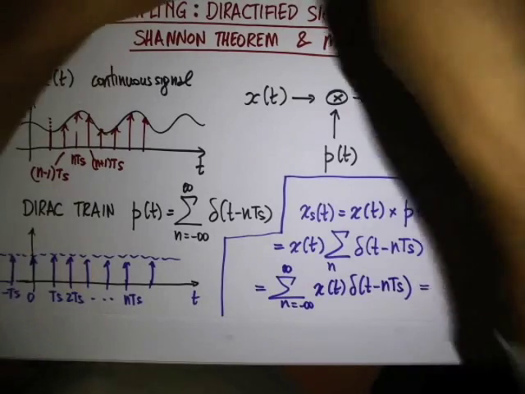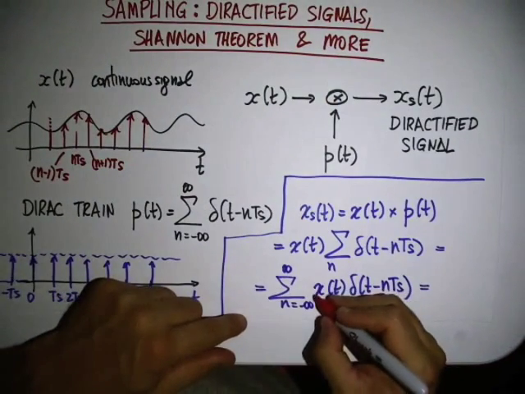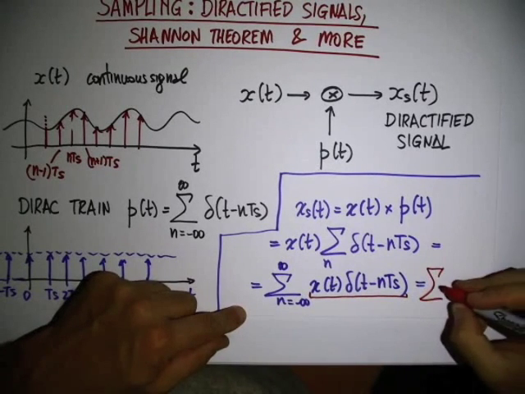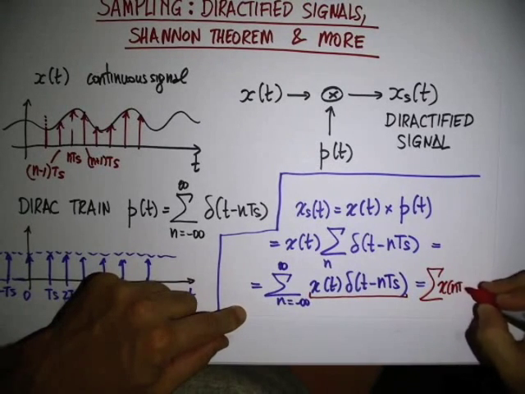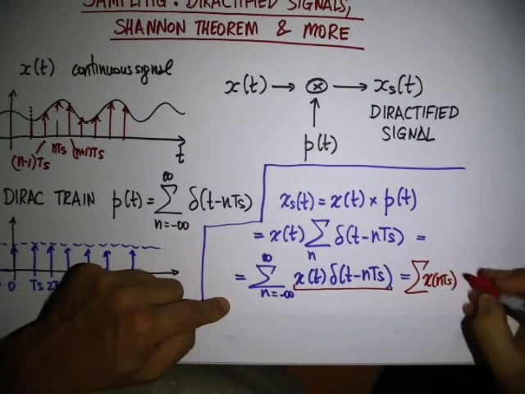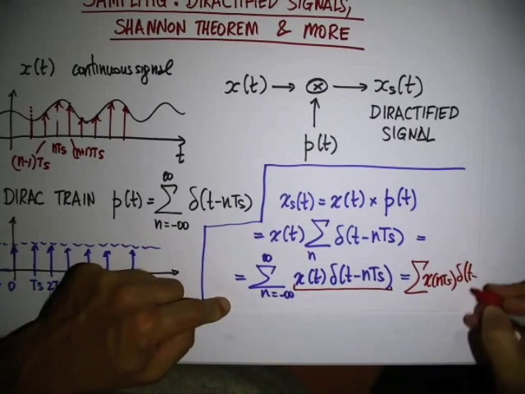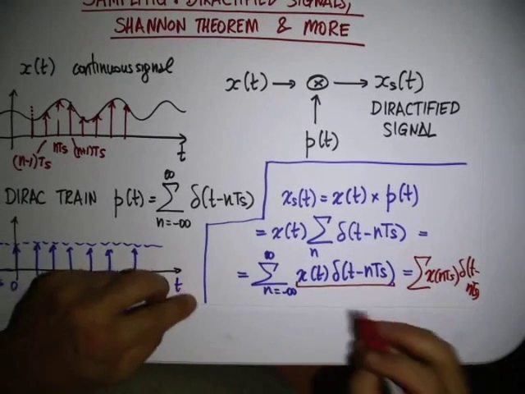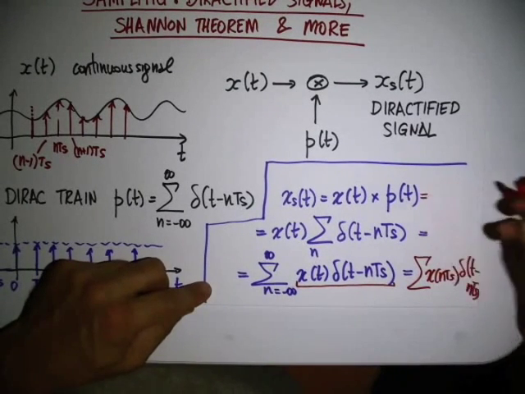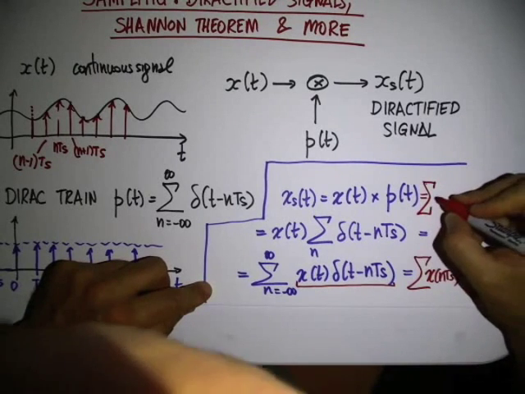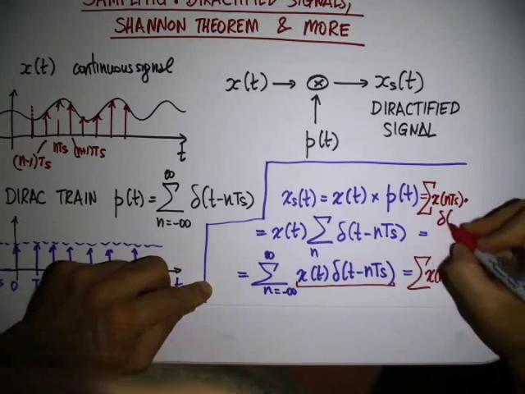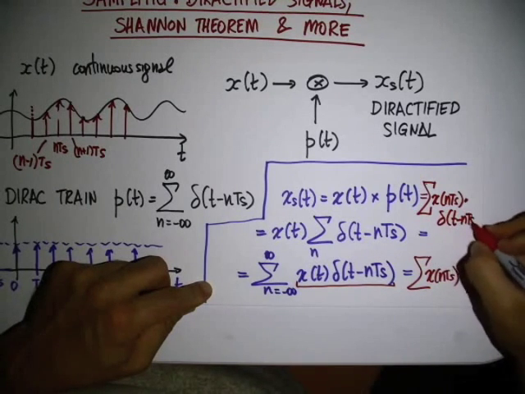And by applying the localization property of the delta, this is equal to the sum of x applied at nTs times delta of t minus nTs. So let me write it in a better form here: x of nTs times delta of t minus nTs.